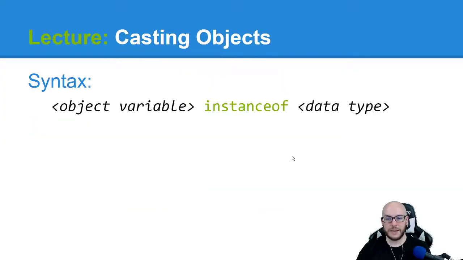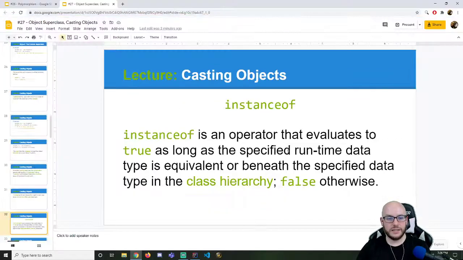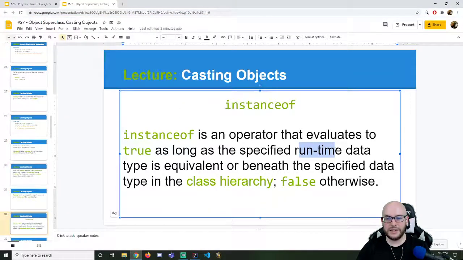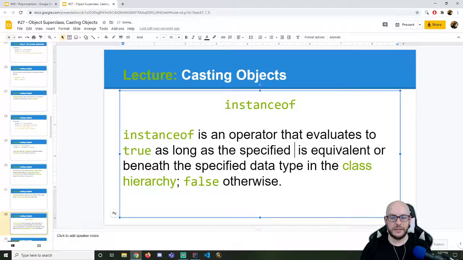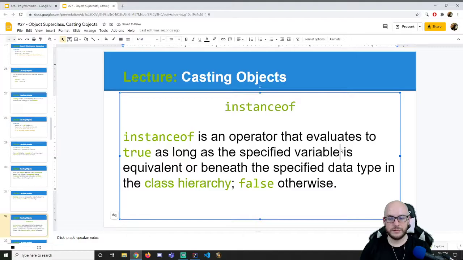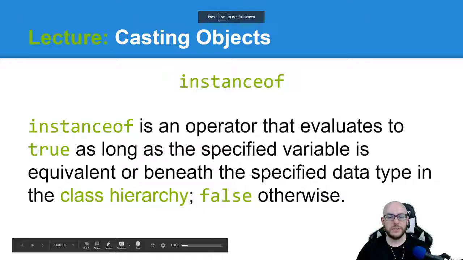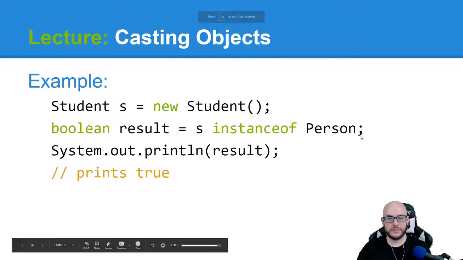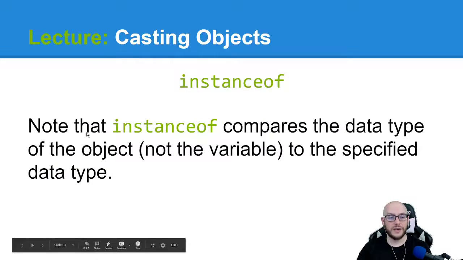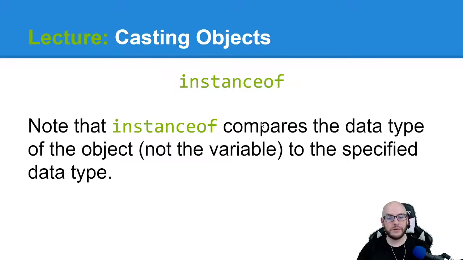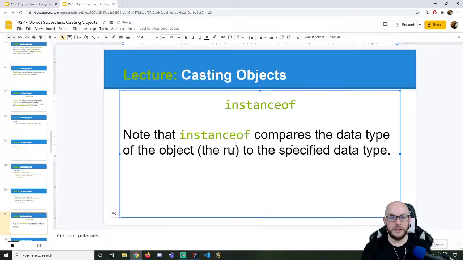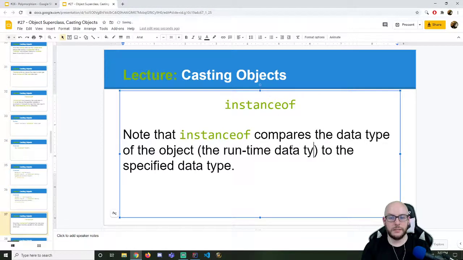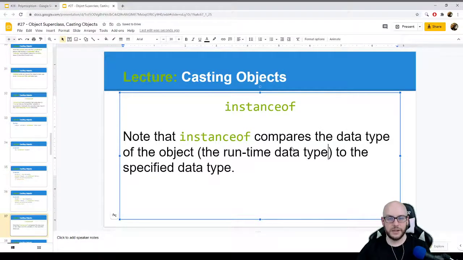Let's change it back: as long as the specified variable is equivalent or beneath the specified data type. Because here I am clarifying. Note that instanceof compares the data type of the object, the runtime data type, to the specified data type.